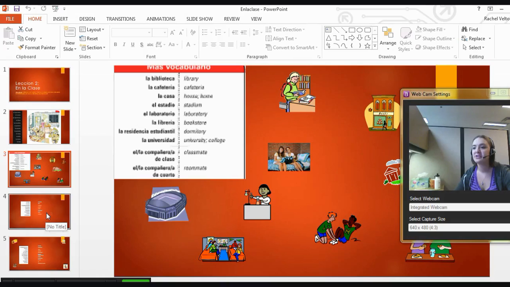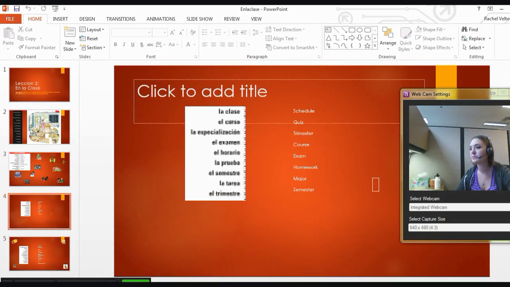A couple of additional lists for you to take a look at. You've got other words dealing with your class, either schedule or things that you might encounter in classes. You've got la clase. So if you look at these, I have them and they're out of order. It's for you to think about which one you think might be la clase.